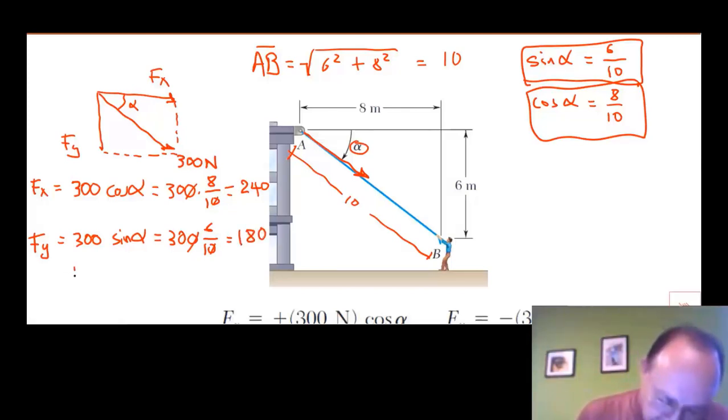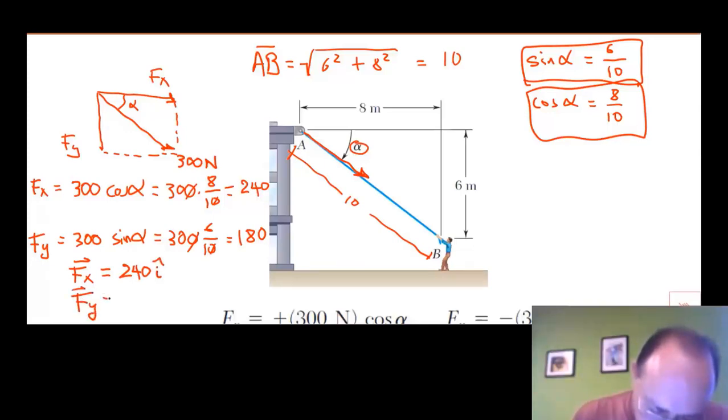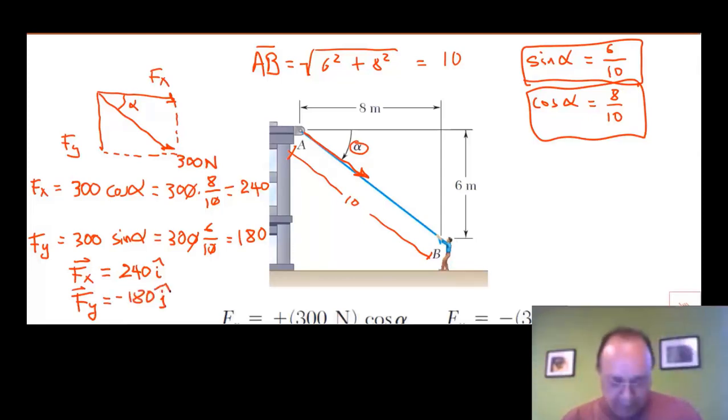So there you have it: Fx equals 240 i, Fy equals minus 180 j. Okay? Easy?